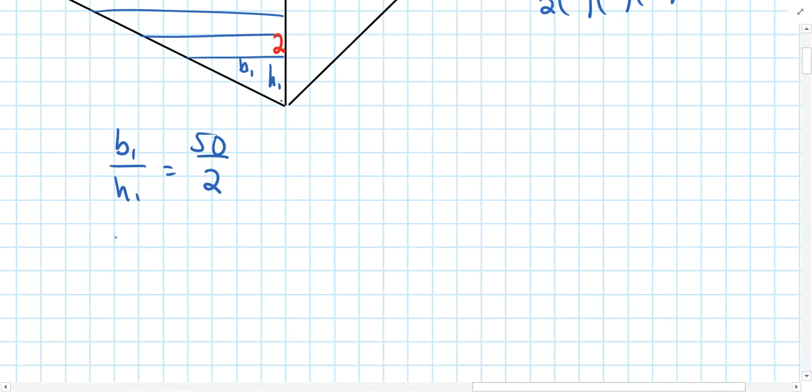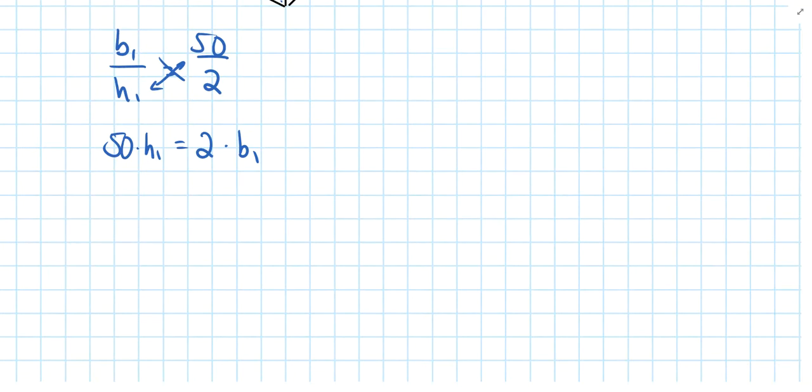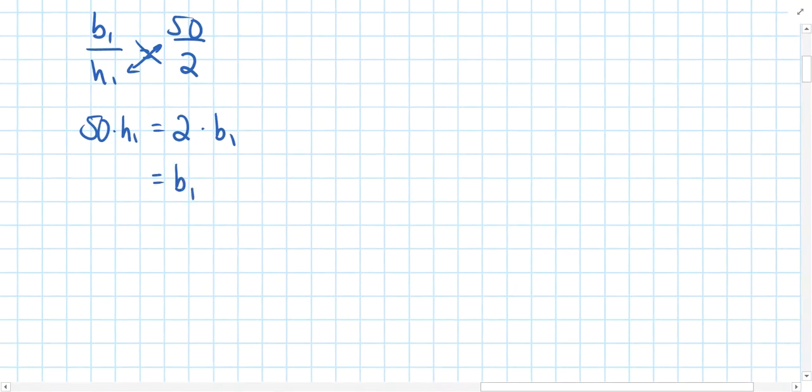So we know that 50 times h1, this cross product, is equivalent to 2 times b1, and therefore b1 by itself is equal to 50h1 divided by 2.